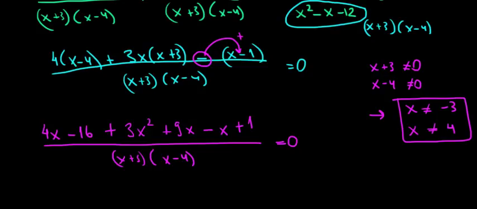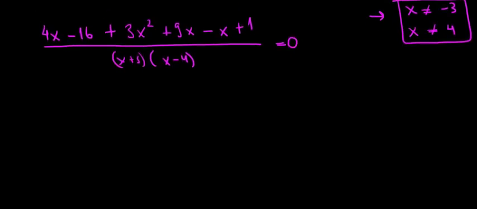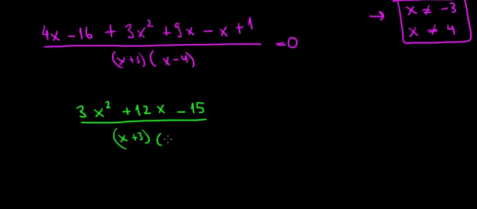Okay, let's make it a bit more neat. We have 4x plus 9x minus x. That's equal to 12x. We have 3x squared, no other x squared there. 3x squared plus 12x, and minus 16 plus 1 is minus 15, divided by x plus 3 times x minus 4 equals 0.